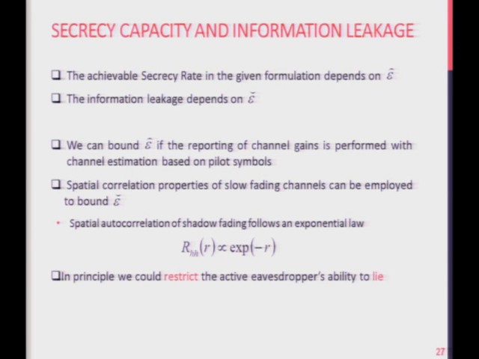And we say here that we can probably bound epsilon upper hat if the reporting of the channel gains takes place through transmission of pilot symbols, so that the base station actually estimates the SNR. So we can never over-report, but we can still under-report the SNR if the eavesdropper pre-distorts the pilot symbol, so that it appears it has a specific lower SNR than the actual SNR.